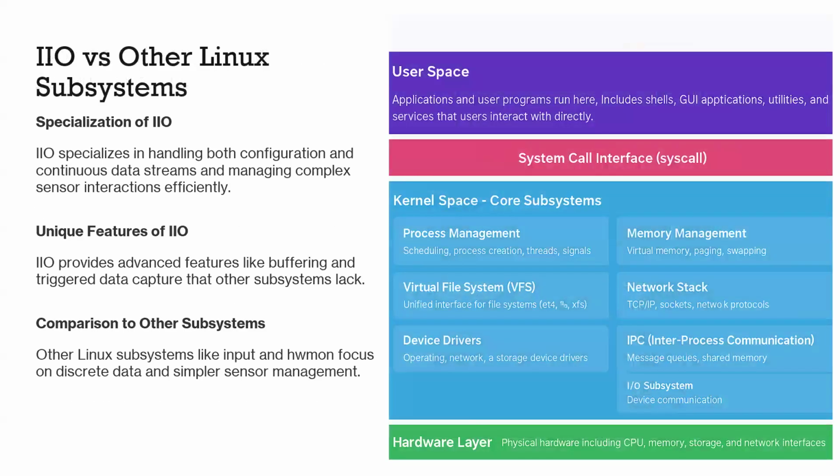Here I'm just going to show you again the different subsystems of Linux. Here is the user application, which is basically the shell, the command line, the graphical user interface, and other entities like networking configuration tools. In between, you have the system call interface, the syscalls like open, close, ioctl, read, write.